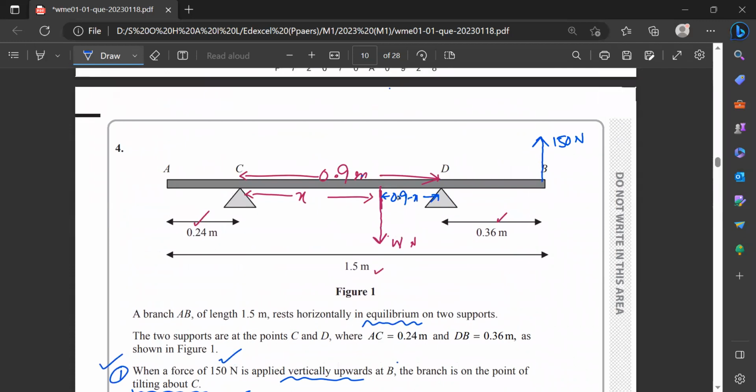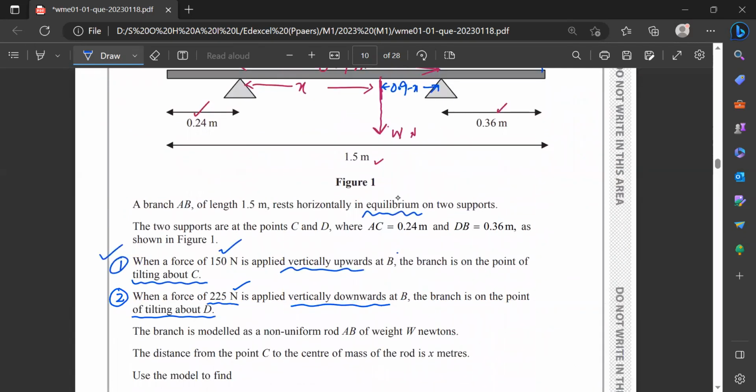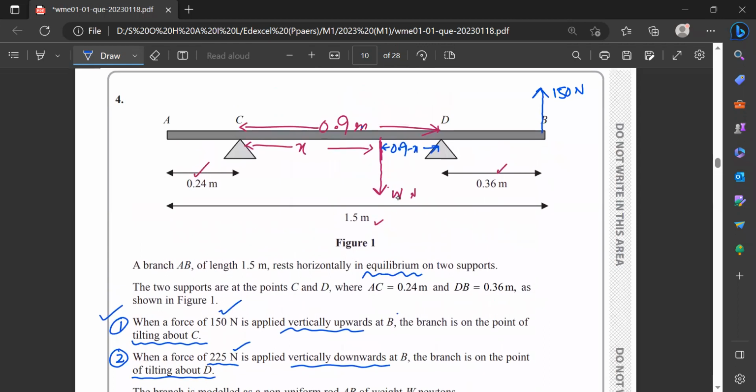If it is on the point of tilting about C, it means that this point D is about to leave the support.